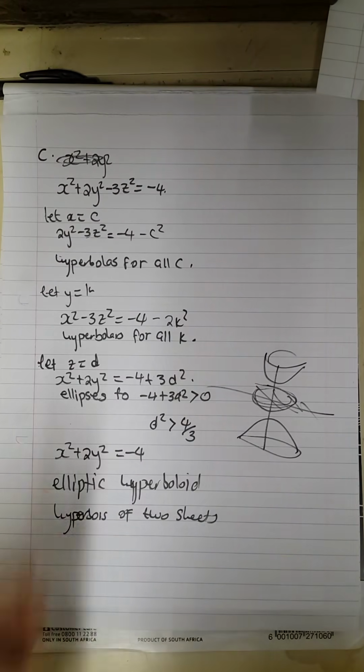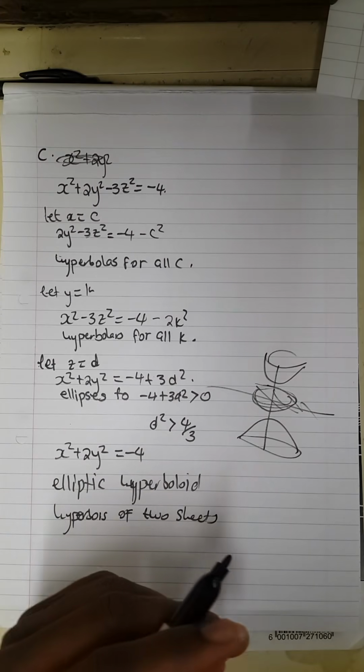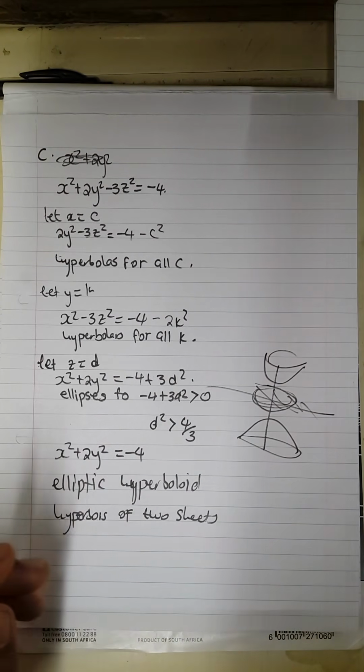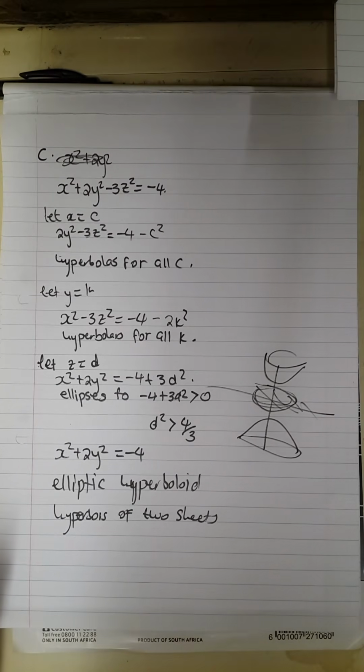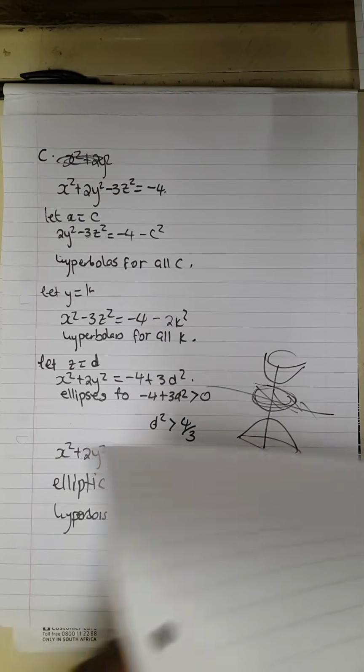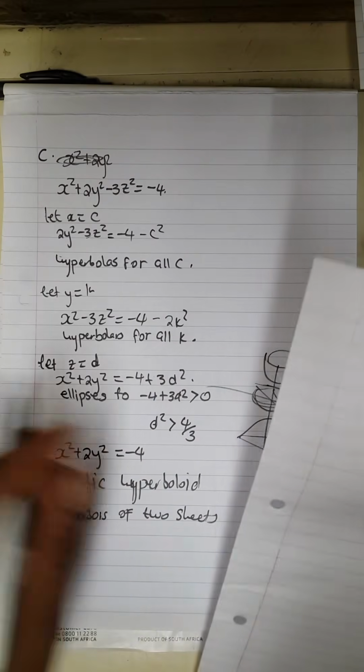Okay, now that was part C for you, and then I'm going to do D. I think that will be enough so that you can do the rest of what will be remaining.